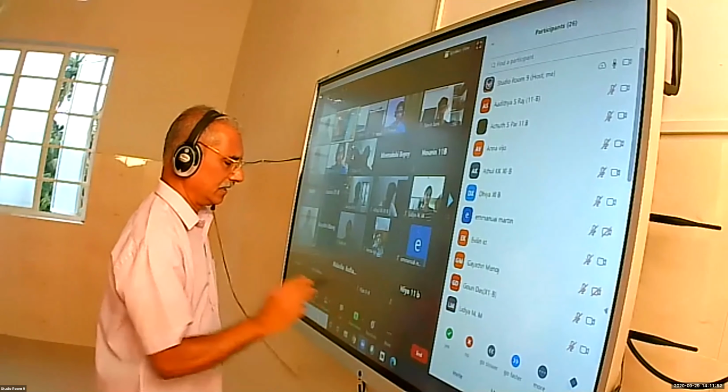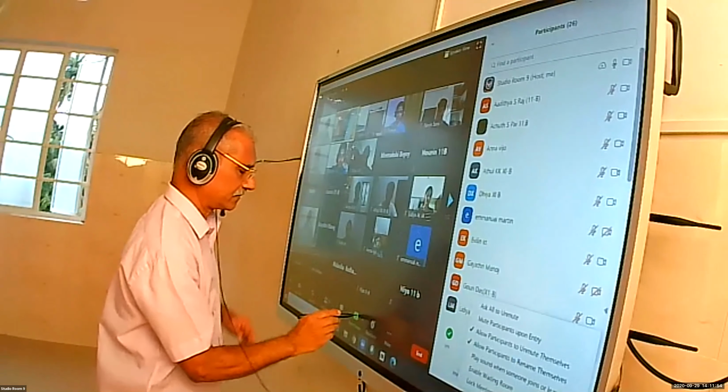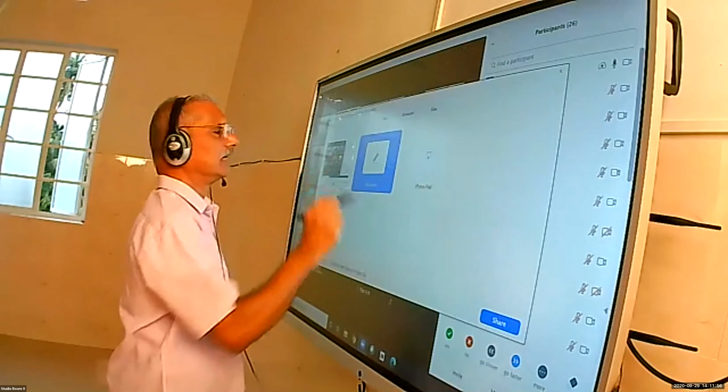And sp2 hybridization can be seen in some other inorganic molecules also. For example, you take a BCl3 molecule or a BF3 molecule, boron trichloride or boron trifluoride.